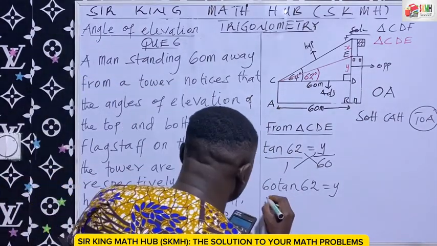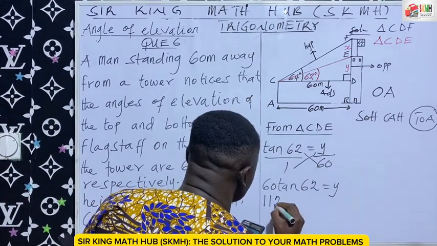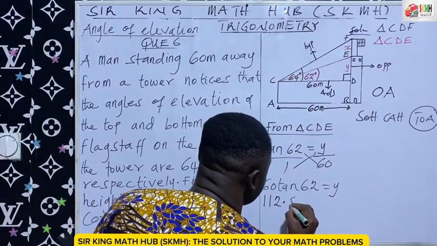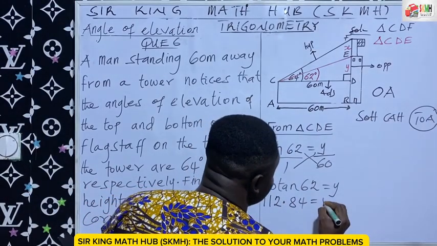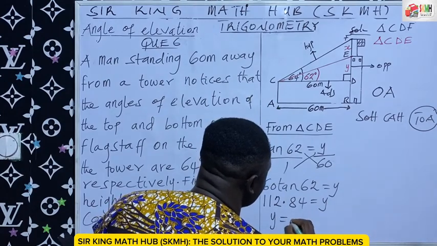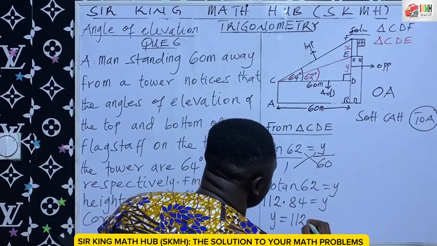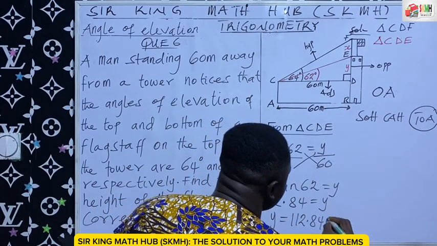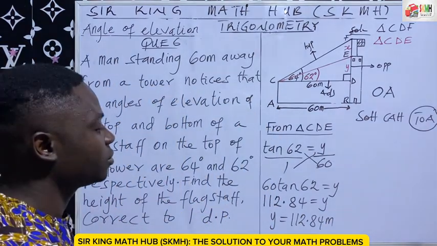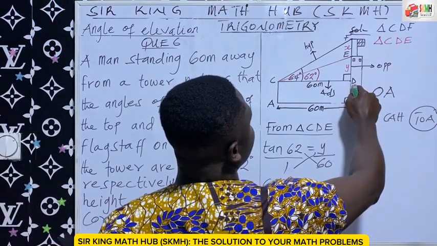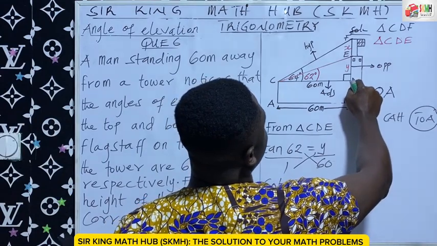So that is giving me 112.84. That is to 2 decimal places. So y is equal to 112.84 meters. So that is the height of line DE.